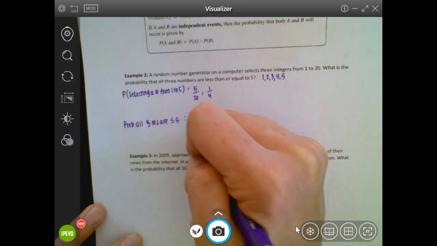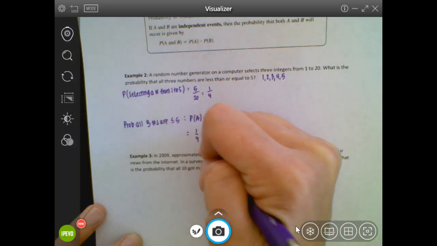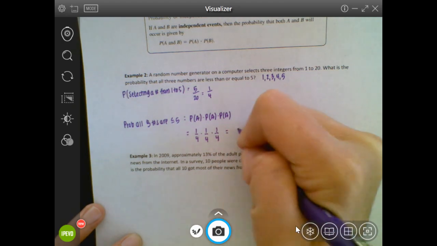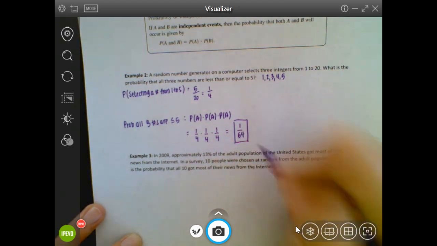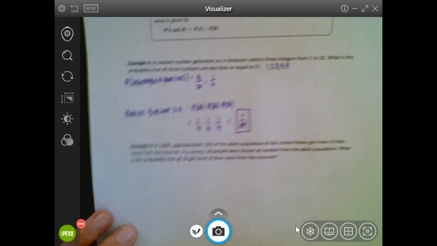So my probability is 1/4 times 1/4 times 1/4, which gives me a probability of 1/64. You can get a decimal for that, but I'm just going to leave it as an exact fraction.